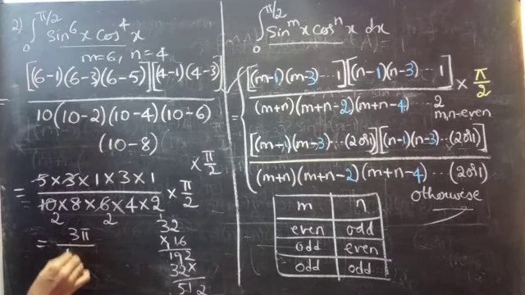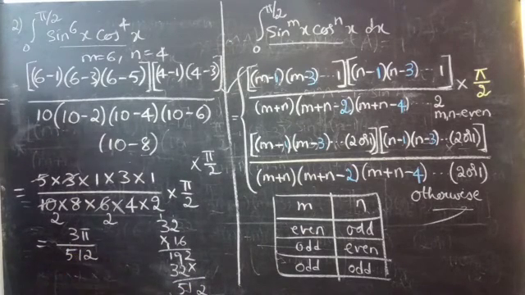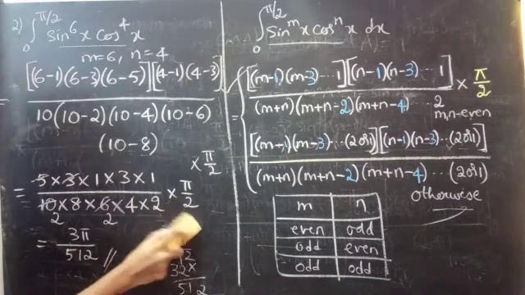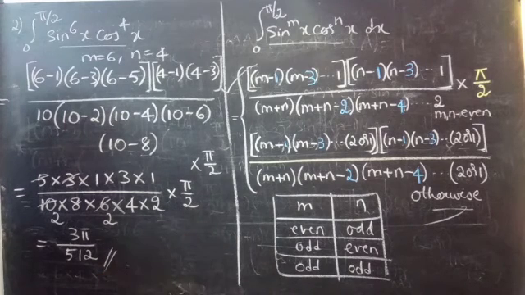So finally you'll get 3 pi by 512. Okay. So this is the answer for this I.